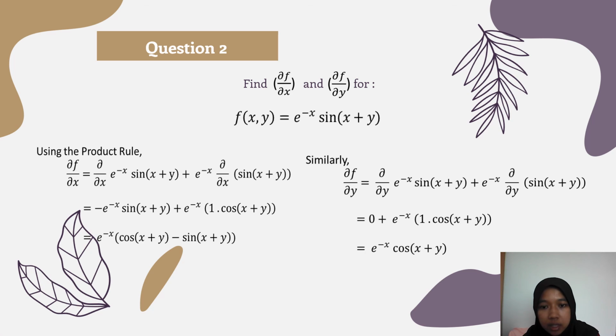And then plus e^(-x) times 1 times cos(x + y). And then the final answer is e^(-x) cos(x + y).